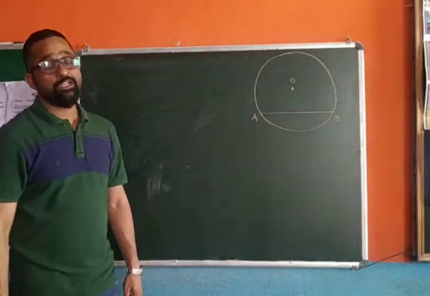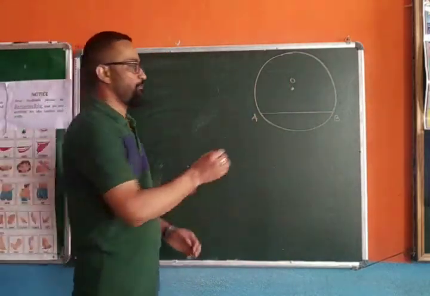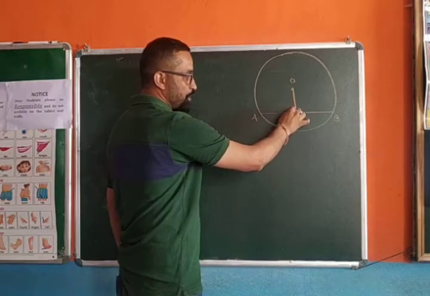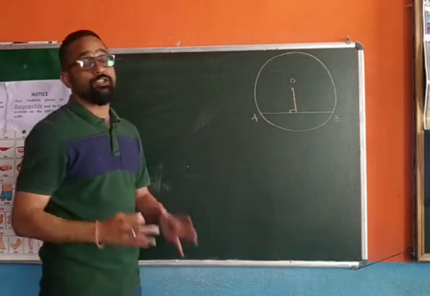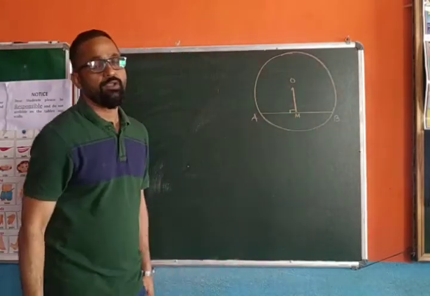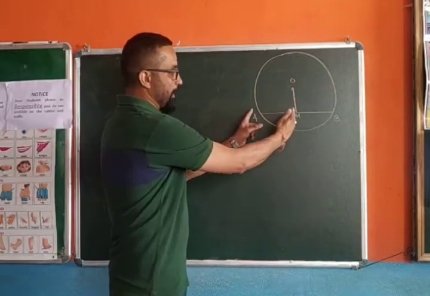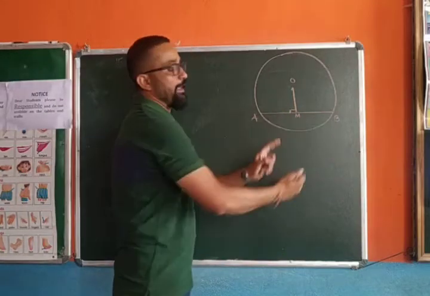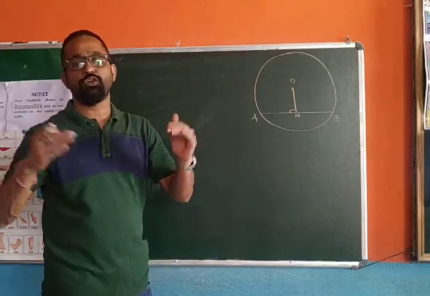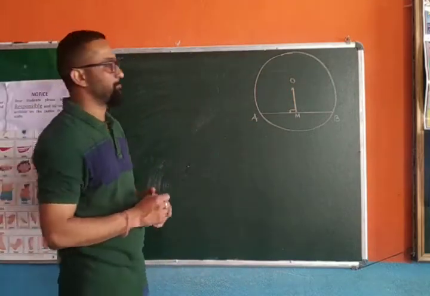Theorem tells you that perpendicular drawn from the center to the chord bisect the chord. So we write this point as M. You need to prove AM is equal to MB, because this perpendicular is dividing that chord in equal halves.